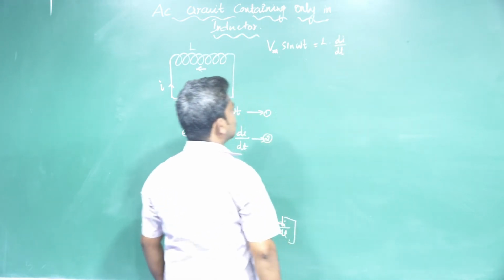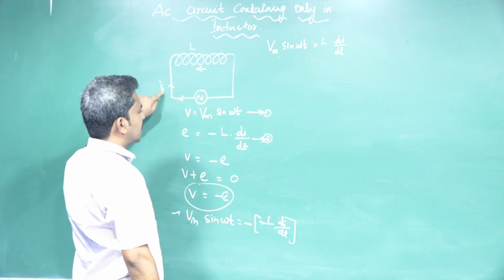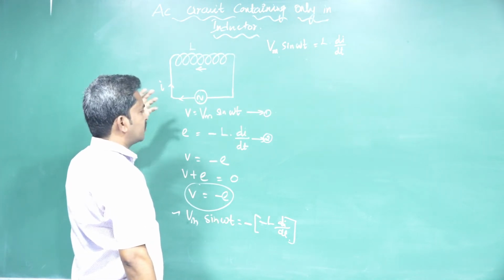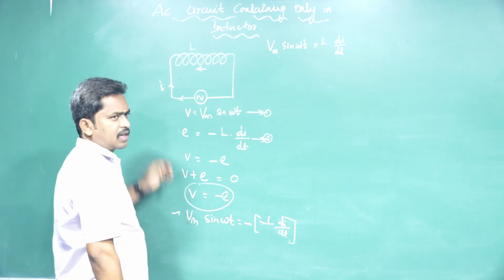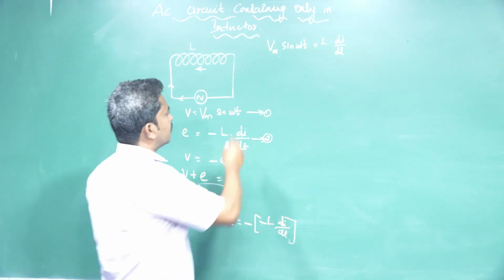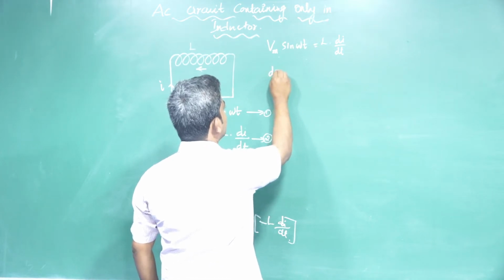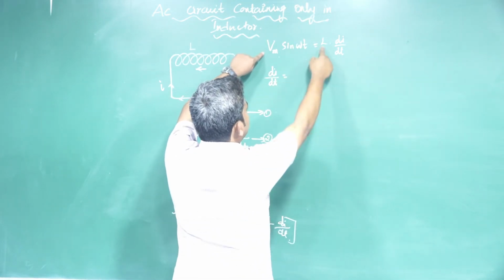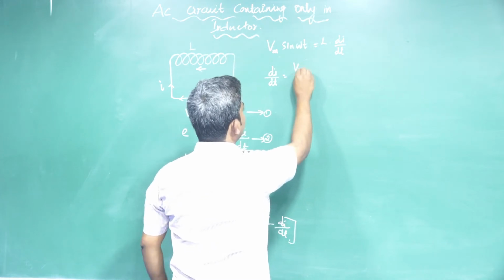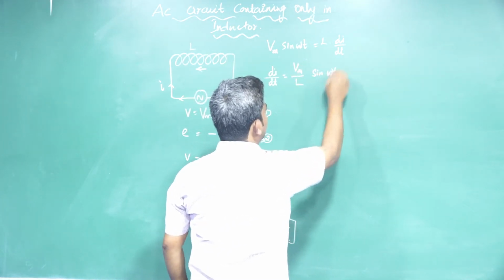I want to calculate the applied AC current value, so that I can compare the applied source voltage equation and the current equation. So di divided by dt is equal to Vm divided by L sin omega t.